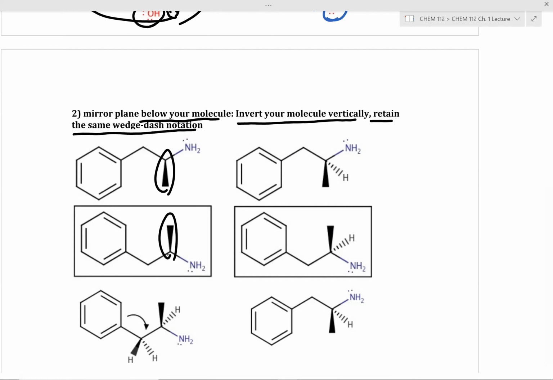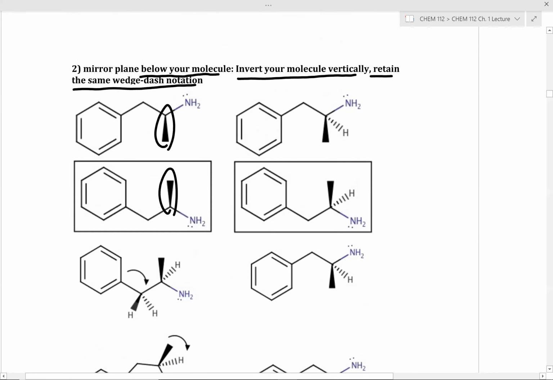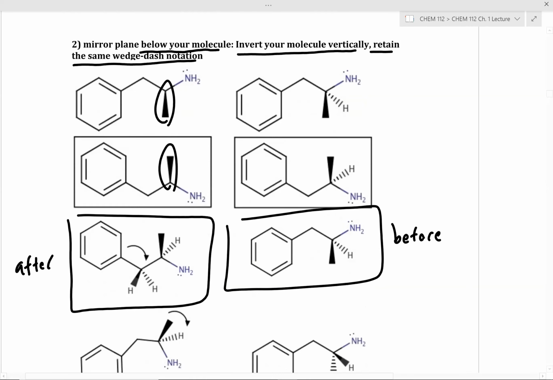So to help you visualize this, what we're really going to show is that these two structures, this is the structure after inversion, and this is the structure before inversion, are indeed enantiomers, that they're non-superimposable mirror images.